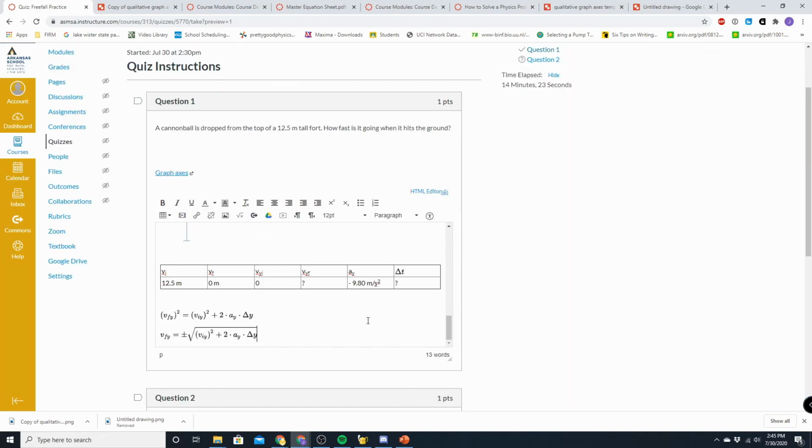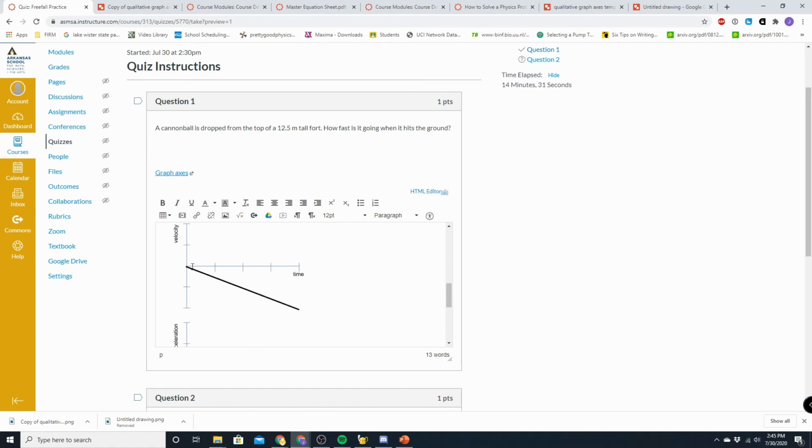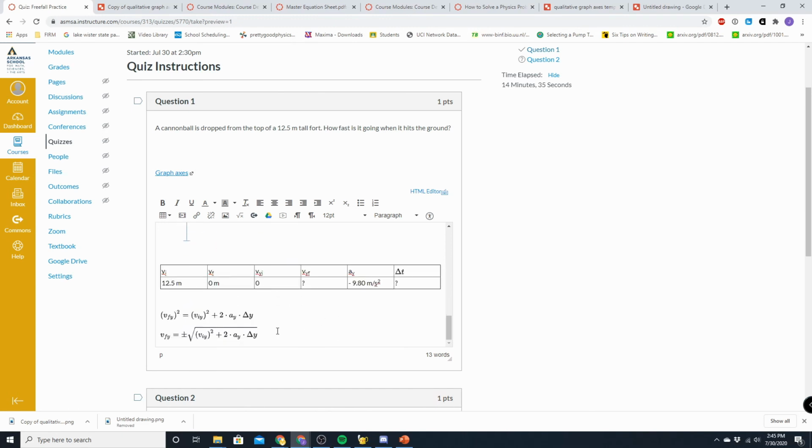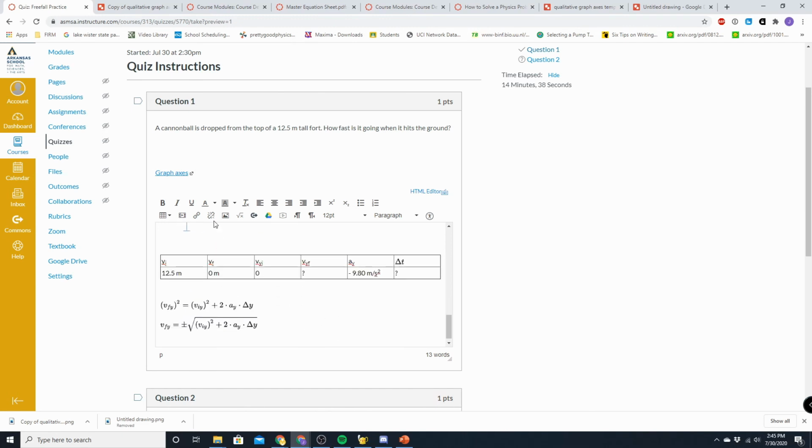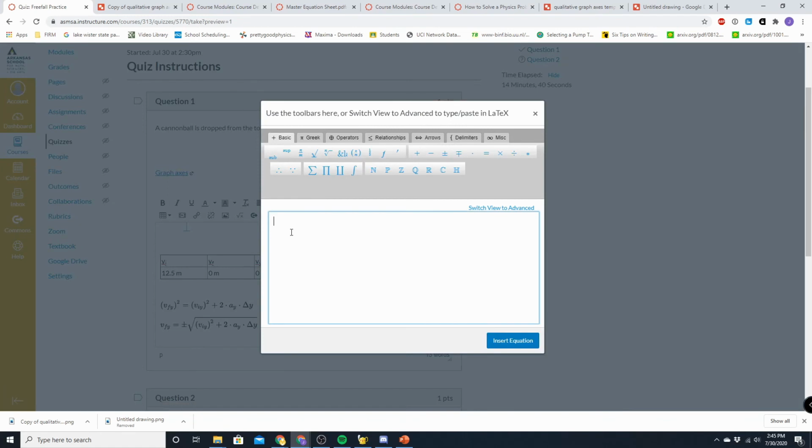Now, if we think about what we know from the solution we want, we can select whether we get the plus or minus solution. And we know that the velocity value that we want is going to be the negative. And so for our next value, we can have v Fy is equal to the negative square root.